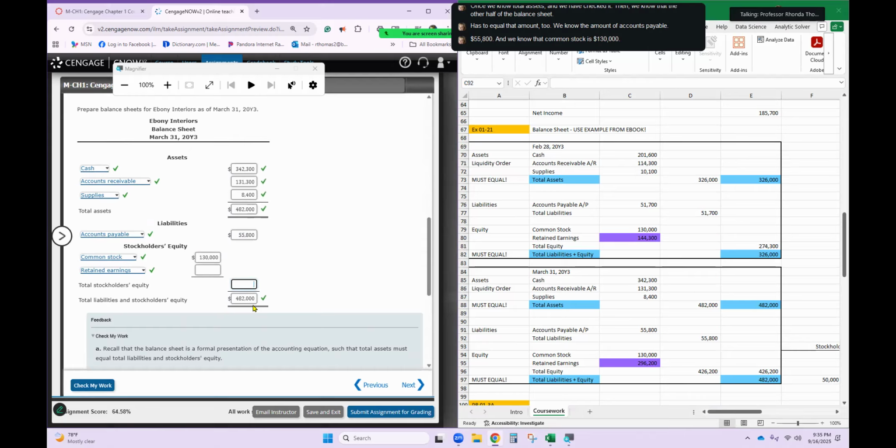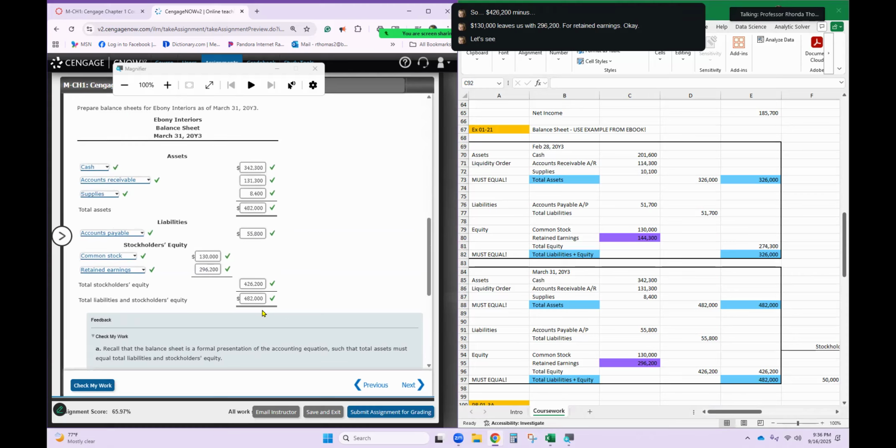We can back into total stockholders' equity by taking the total of half of the balance sheet and subtracting accounts payable, and that makes total equity 426,200. And now we can back into retained earnings. 426,200 minus 130,000 leaves us with 296,200 for retained earnings.